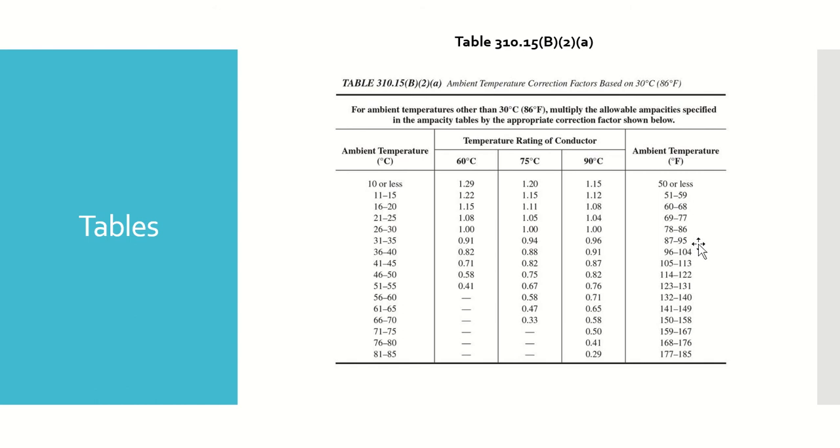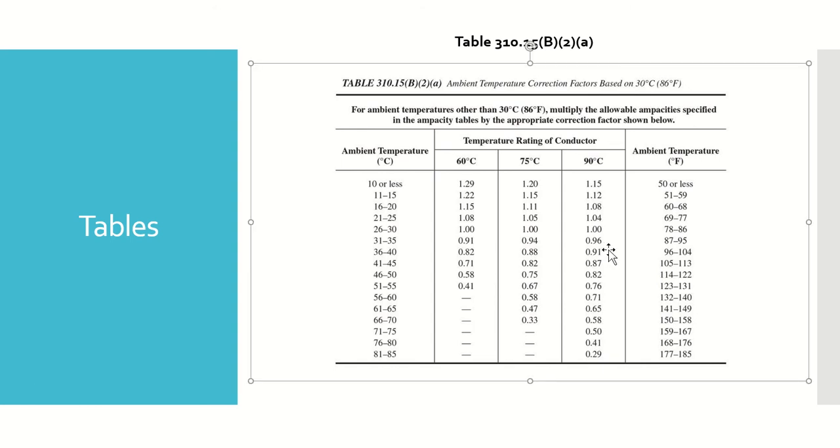And so if it's 104 degrees and I've got a 90 degree C conductor, that 75 amp conductor, that number 6 that we used as an example, I would have to take 75 times 0.91, and now that conductor would only be good for 68.25 amps. And we're going to do some examples here in my next video, so don't get freaked out if you didn't pick up on that right away.